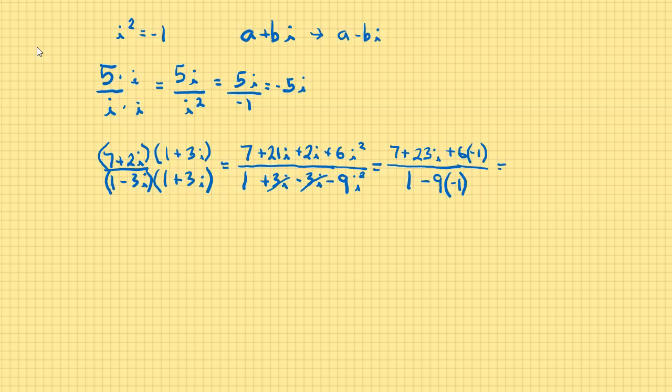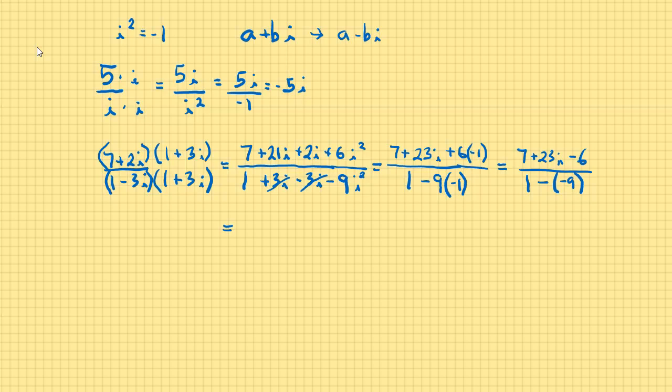Okay, let's continue. So now we have 7 plus 23i minus 6 divided by 1 minus, and that's going to be a -9. Okay, let's continue to simplify. I'll continue down here.